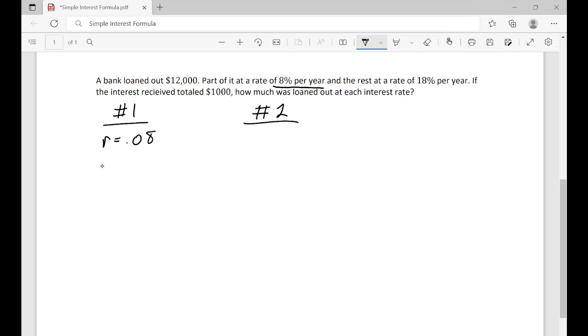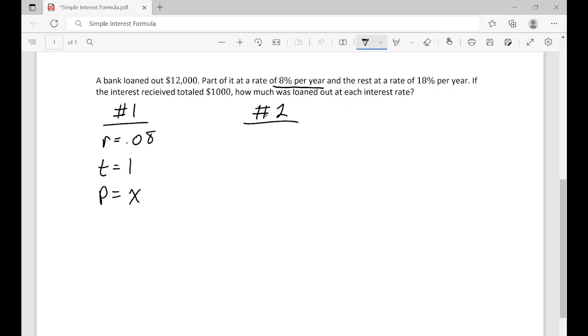The amount we are going to be having this in here for is per year, so we're going to say T equals 1. Now how much have we put in? It does not say, but we have to have something. So I'm going to say that I put in X amount. X meaning I don't know.